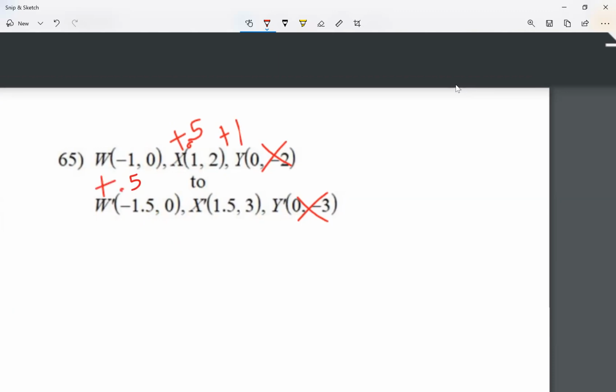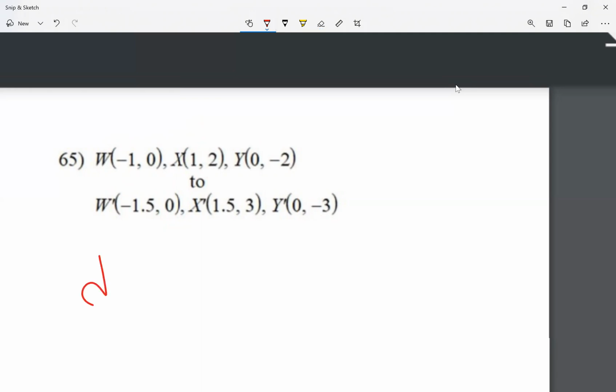I add 0.5 and I add 1. 0 plus 1, that doesn't work, right? -1 plus 0.5, that doesn't work either. Okay, so it's not translation. Right now, I know it's not reflection, I know it's not rotation, I know it's not translation. Well, guess what? It's dilation.